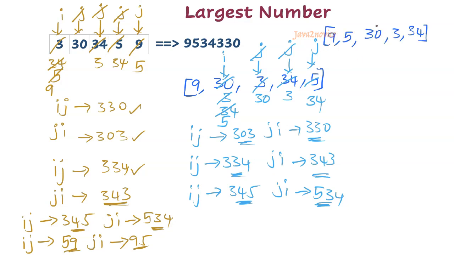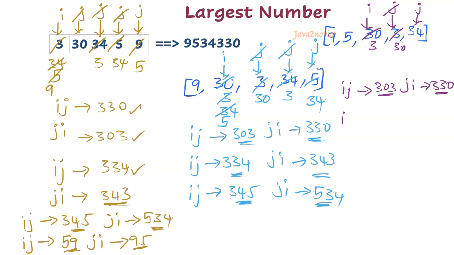In the next outer loop iteration, i will be here, j will be here. In this iteration, ij will form 303, ji will form 330. Since 330 is bigger than 303, we will swap both i and j values. So 3 will be here, 30 will be here. In the next iteration, j will move here.